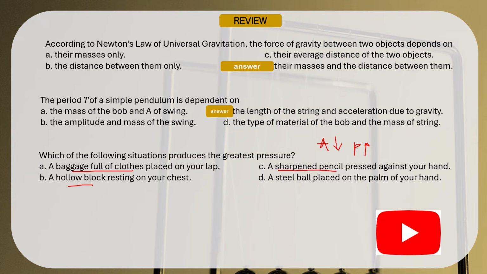Sharpened pencil pressed against your hand. The tip of the pencil has lesser area, and when you have lesser area, the pressure will be greater. And the next option, a steel ball, has a greater area. Among the four options, letter C is the answer. It has a lesser area, so it will generate higher pressure.